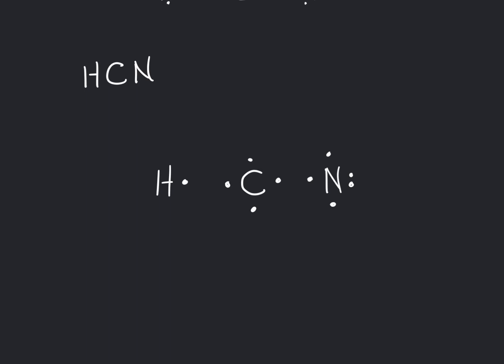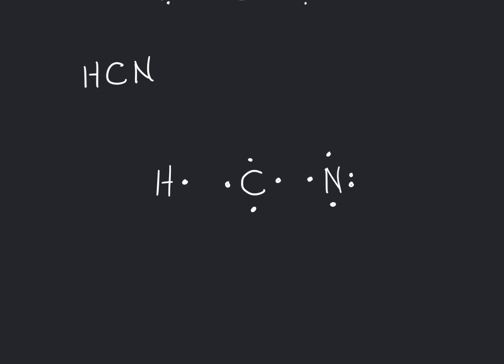All right, so I just drew the Lewis dot structures. There's hydrogen. Here's carbon in the middle. Here's nitrogen, and I drew it this way on purpose so that things would line up in the way that I'd like them to. Notice that when we draw the Lewis dot structure for nitrogen, we have a pair of electrons here, and that we have single electrons here. That's very important to see.